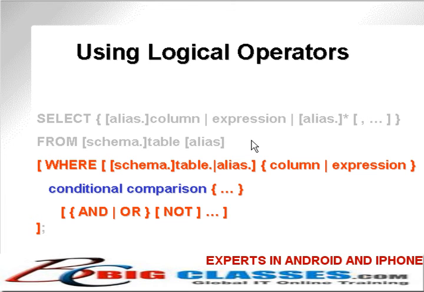In the where clause you can apply multiple conditions such as x equals y and x equals z and x equals a, or etc., etc., using logical operators. You break up different conditions using these logical operators, and you can have something and something, or a combination thereof, and you can also use not to negate the logical operator.